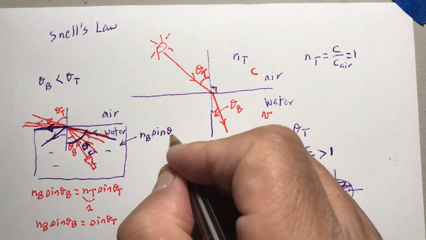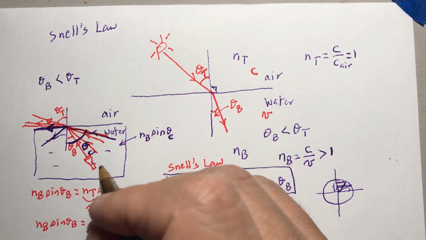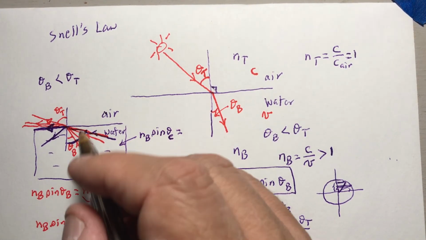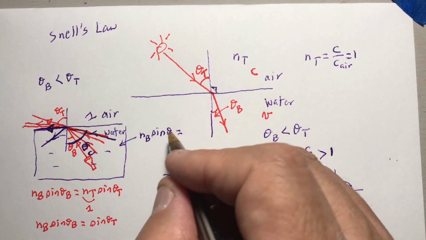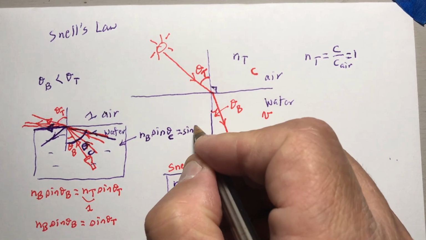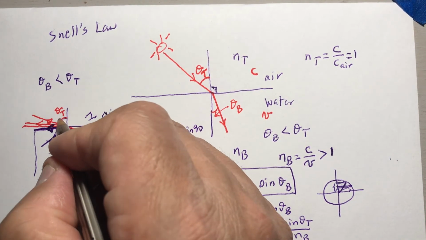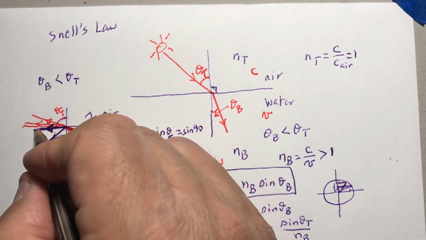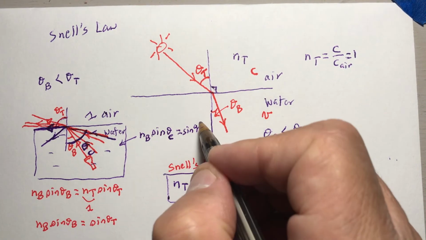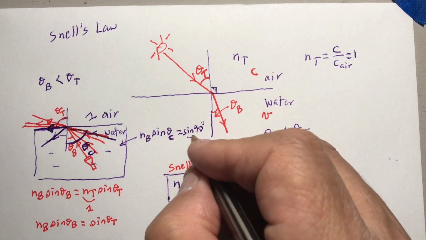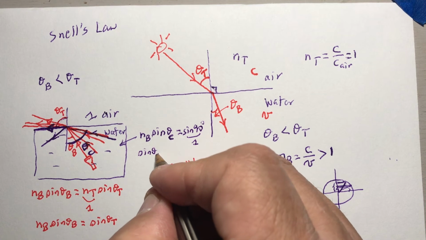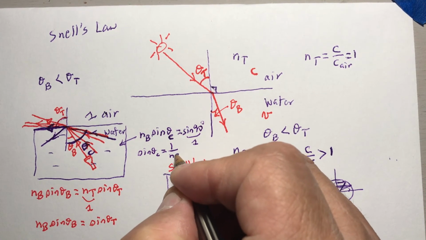It is equal to 1, from the index, because this is air and has index 1, and then this angle is 90 degrees, so I put here sine 90. Because you see this angle here, the beam got refracted along the horizontal, so it's 90 degrees from the vertical. But sine 90 is 1. So look what happened here: sine theta critical is equal to 1 over N_B.